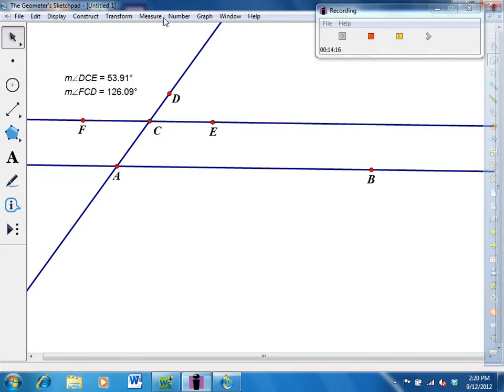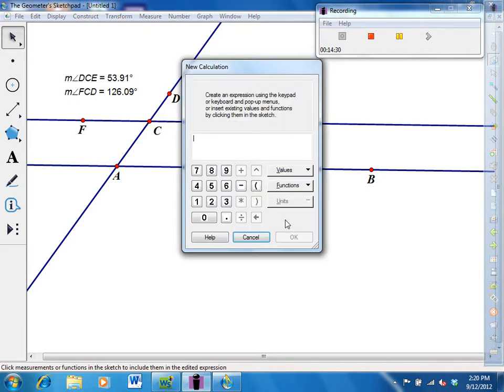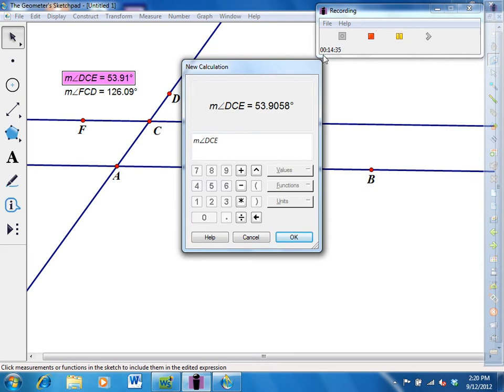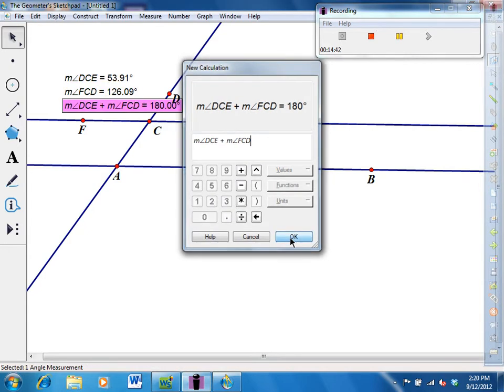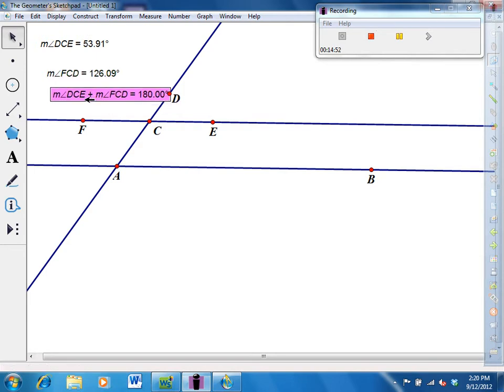I can go to calculate, but you'll see this when you get in there. Now, I could click on this, that's that angle, and then I could click on this plus that angle, and I hit OK. And what's true about the sum of those two angles? They add up to 180, just like we just proved earlier, right?